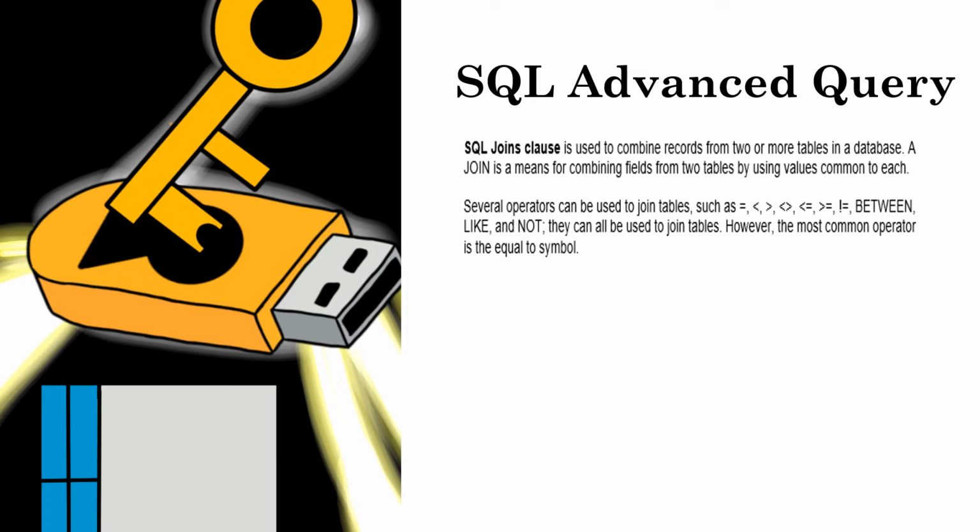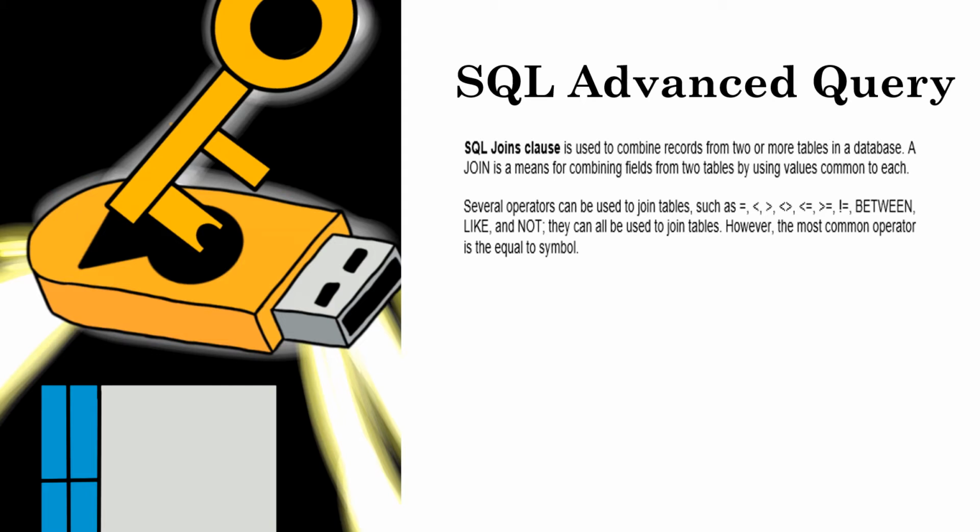SQL Advanced Query. The SQL Joins clause is used to combine records from two or more tables in a database. A join is a means for combining fields from two tables by using values common to each.